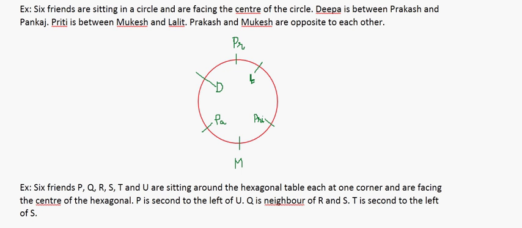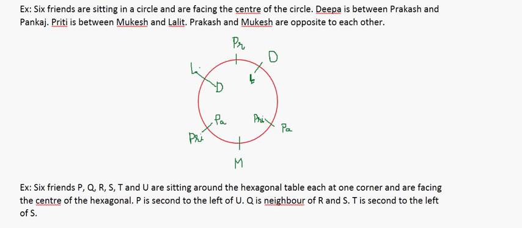So this is one case. In this case, on the left of Prakash is Lalit, on the right of Prakash is Deepa. There can be another case where Deepa is here and Pankaj is here, right? And Lalit is here, Preeti is here. So these are two possible cases. What you would find in both the cases is neighbor of each one is same.